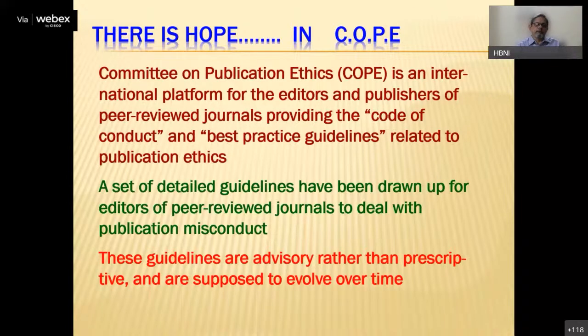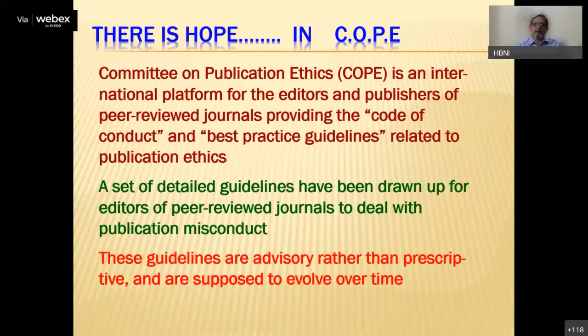And most of the journal editors and owners happen to be even members of this Committee on Publication Ethics. So it is now a cooperative effort of all these people which results in these guidelines. And of course, these guidelines evolve over time and keep adjusting themselves to the times. So they are more advisory in nature rather than prescriptive.